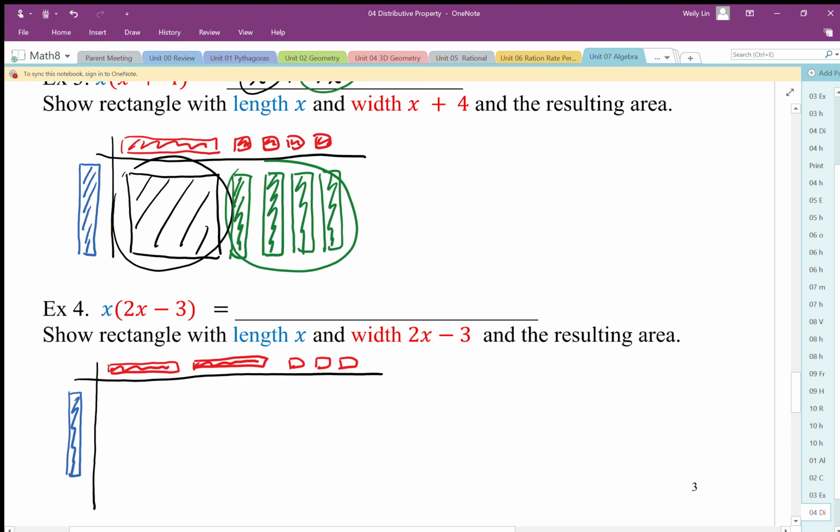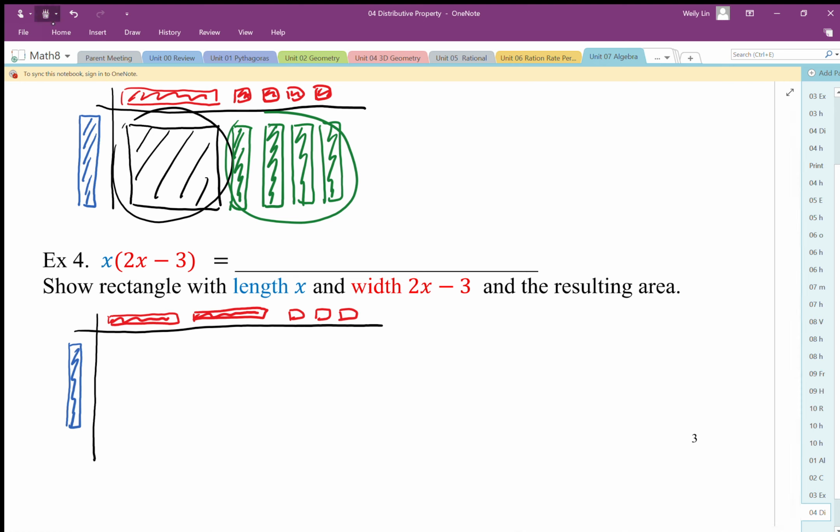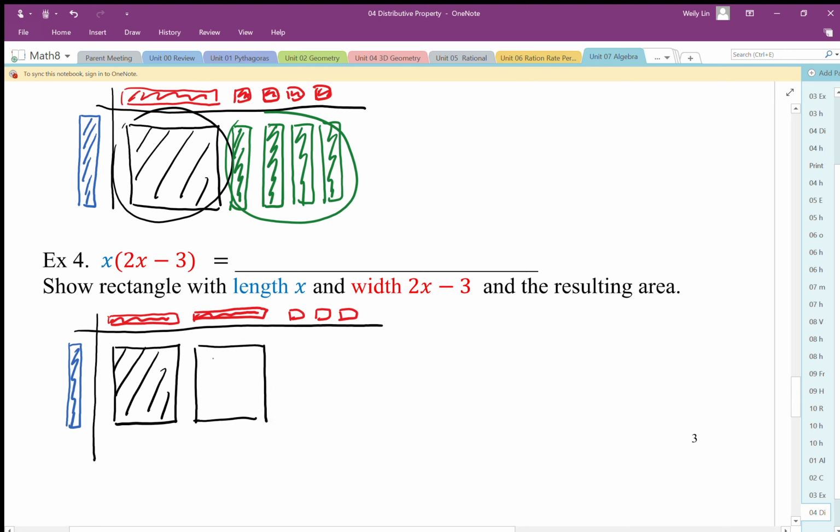Okay, the resulting area that I'm going to end up with is going to be an x squared tile here. So positive times positive is positive. I have another x squared tile here. Positive times positive is positive. So I have 2 x squared tiles.